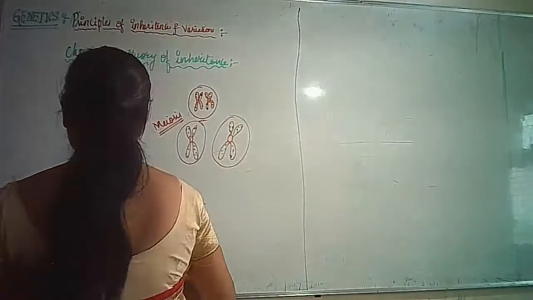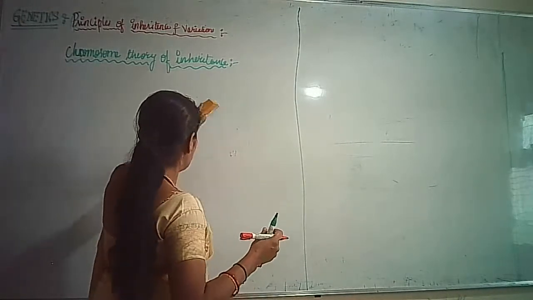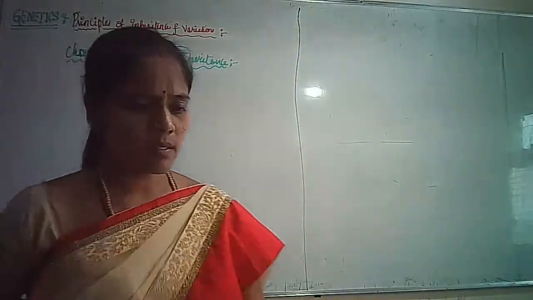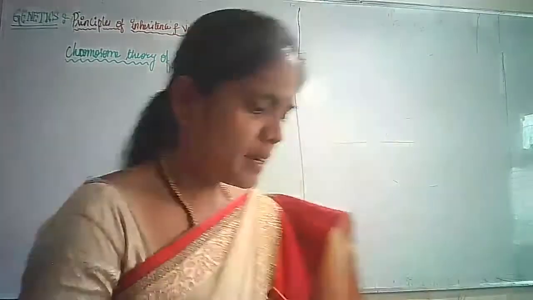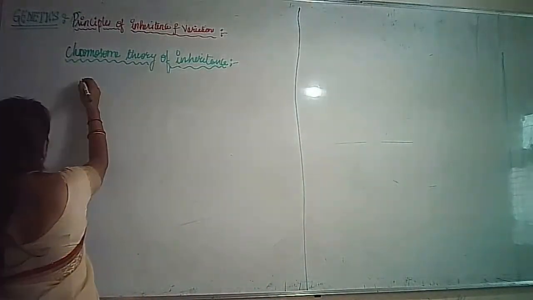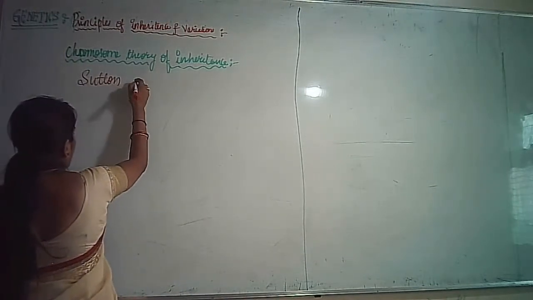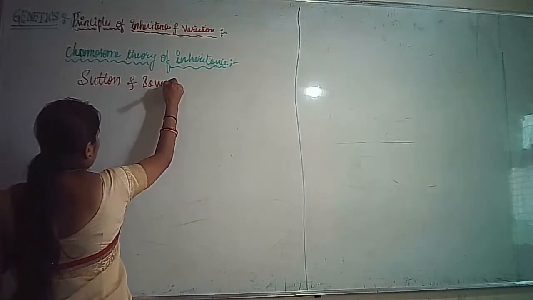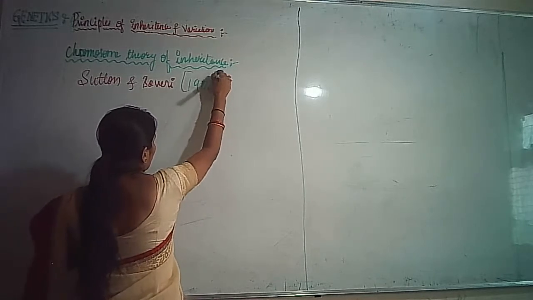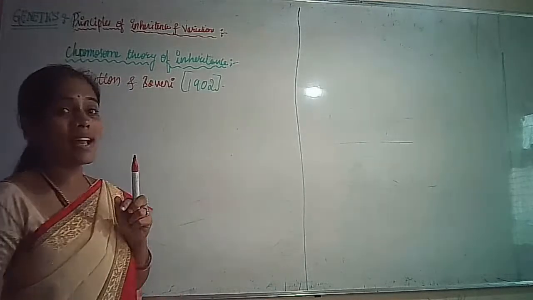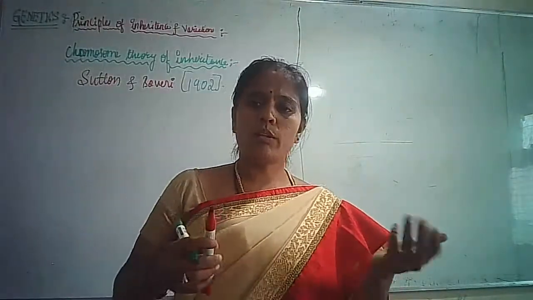Sutton and Boveri, in the year 1902, rediscovered the things said by Mendel. They started again, in 1902, to re-read the discovery of what Mendel had told. Hugo de Vries said about mutation.